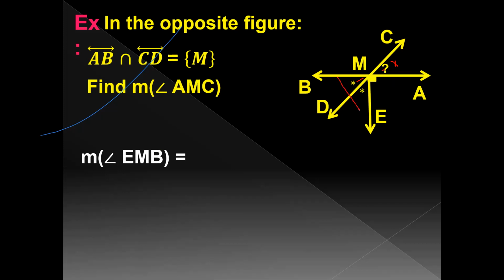One of them is 90, perpendicular, so the other angle will also be 90 degrees, perpendicular. And BMD equals DME, so each one of them will be equal to 45 degrees.